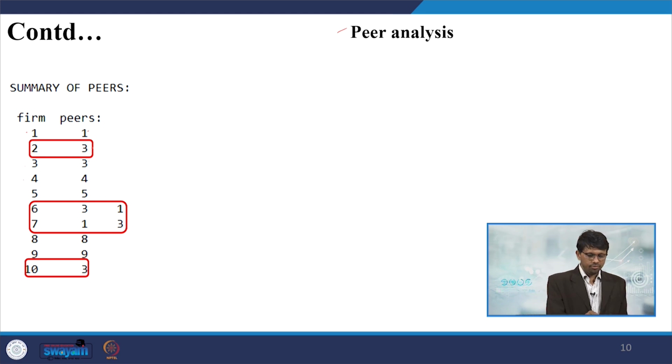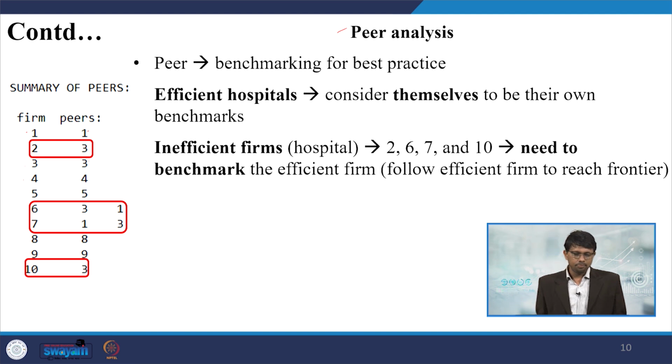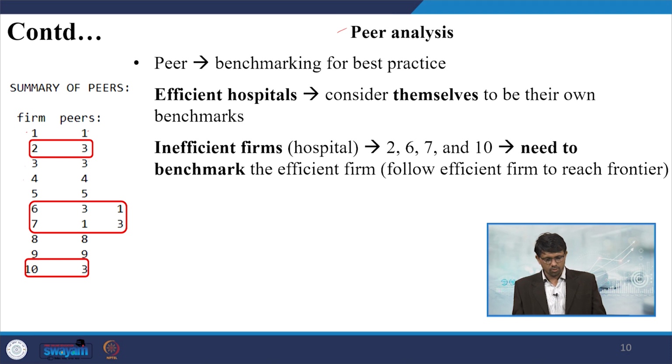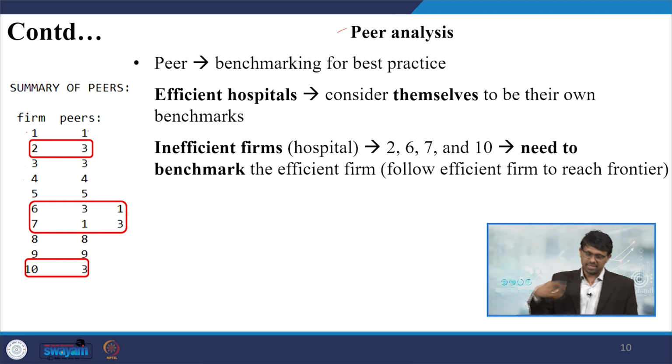Firm 2, if competing with 3, can be more efficient; this is the meaning. Peer is the benchmark for best practice. Efficient hospitals define themselves as their own benchmark because they are the top ones, competing with themselves, whereas inefficient ones have to be benchmarked with the better firms. So, especially here, 2, 6, 7 and 10 need to benchmark against the efficient firms.